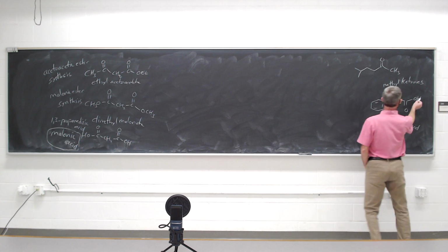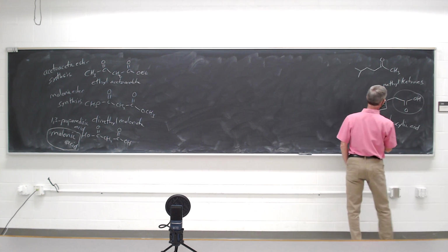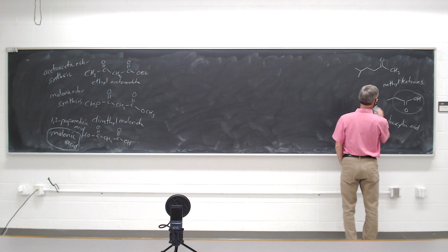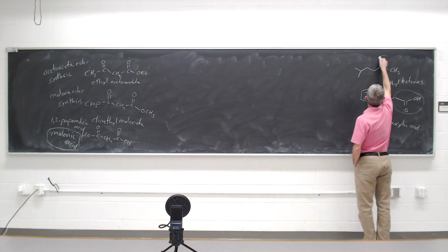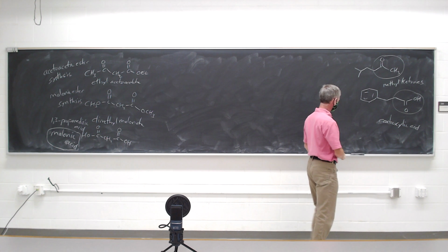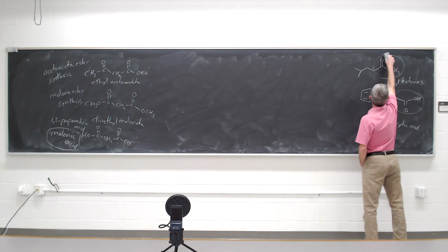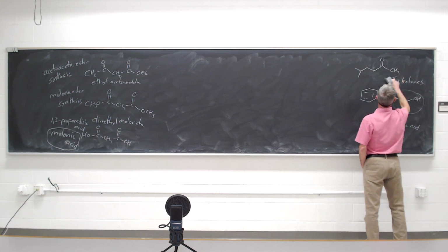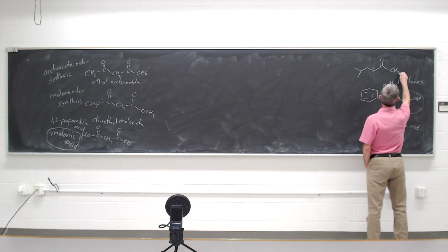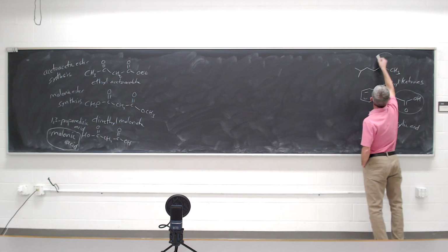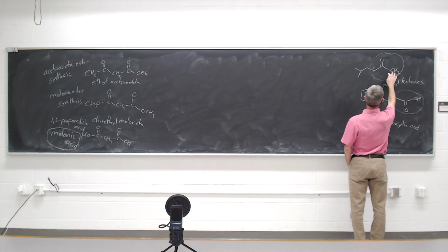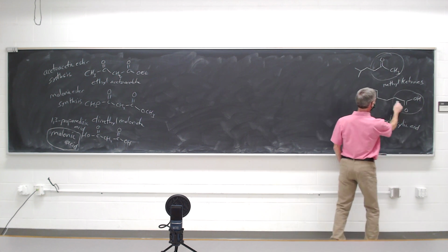So this part comes from the malonic ester synthesis. In the case of the acetoacetic ester synthesis, this piece comes from the acetoacetate. In the case of the malonic ester, this piece comes from the malonate.